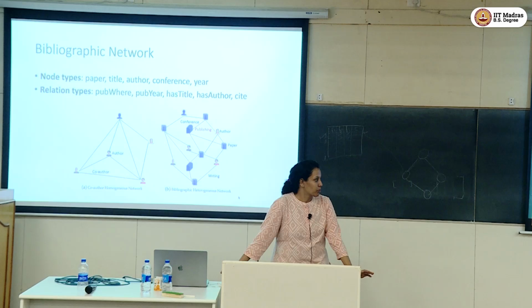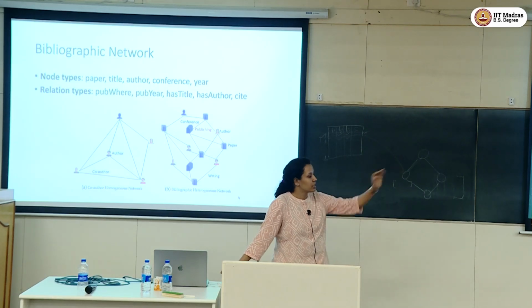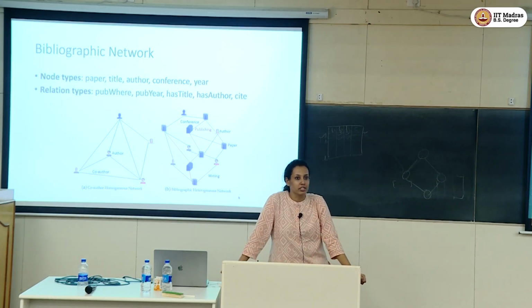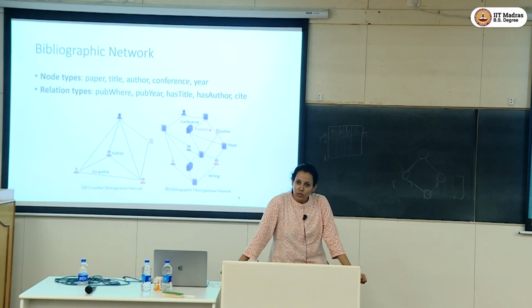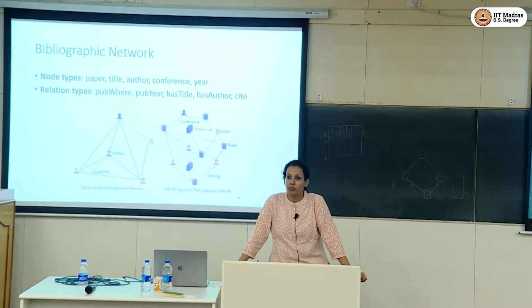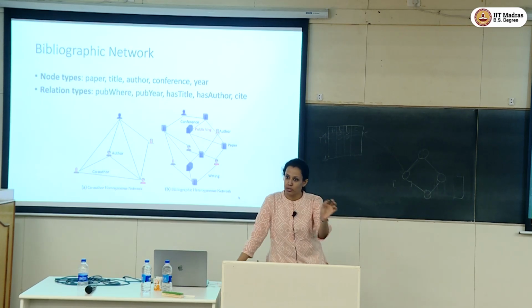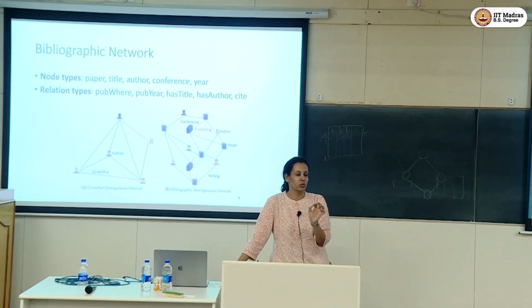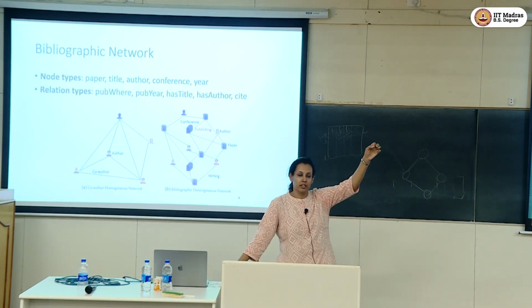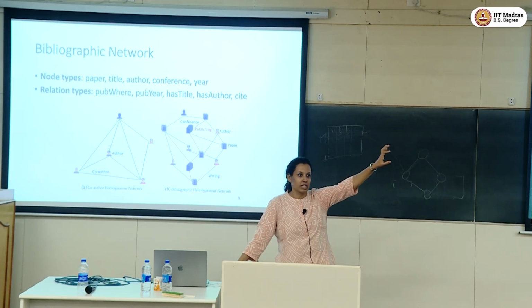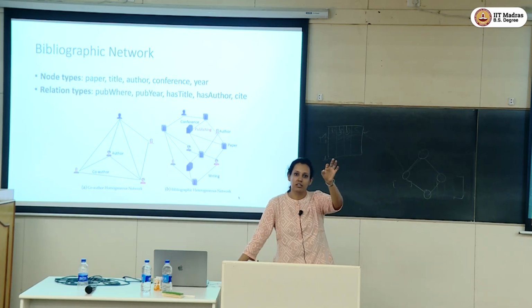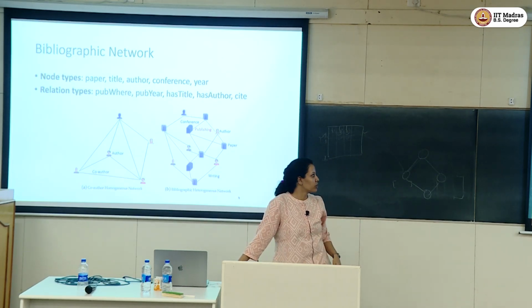There is no other type of node, whereas the right side graph is a heterogeneous network, because this is also a citation network, but that network says that this paper is cited by this author, so the paper is also a node, and an author is also a node. This paper is published in this conference, which is also a node. This paper is published in this year, which can also be a node.